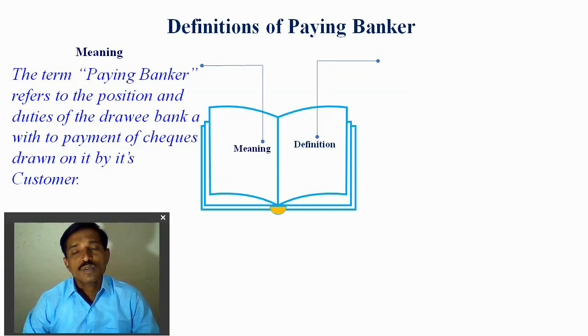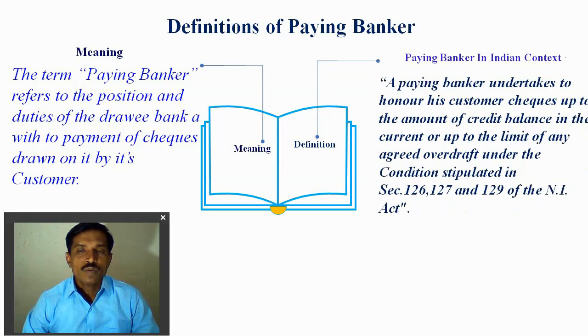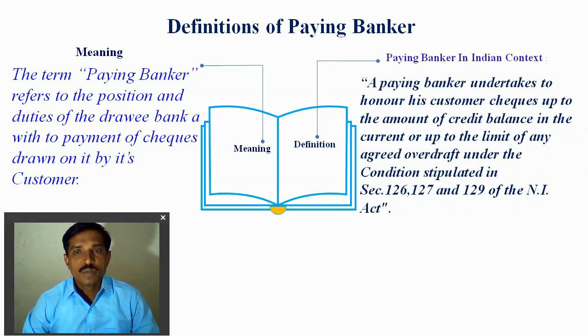A paying banker undertakes to honor his customer's checks up to the amount of the credit balance in the current account, or up to the limit of any agreed overdraft, under the conditions stipulated in Sections 126, 127 and 129 of the Negotiable Instruments Act, 1881.